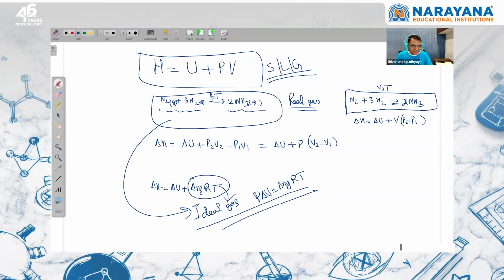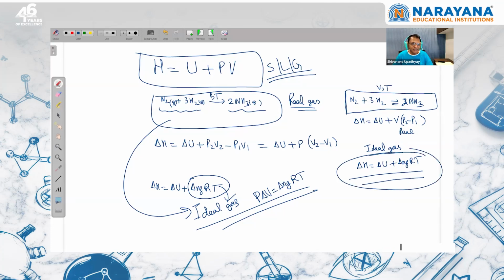If this is a real gas, right, then this is fine. If it is an ideal gas, then it can be further modified. अगर ये ideal gas है, then I can write delta H is equal to delta U, और V delta P को हम लिख सकते हैं delta n g RT, right? So this is valid. जब भी delta n g RT आप यूज कर रहे हो, this is not used for real gas, it can be used only for ideal gas. That is the important point.